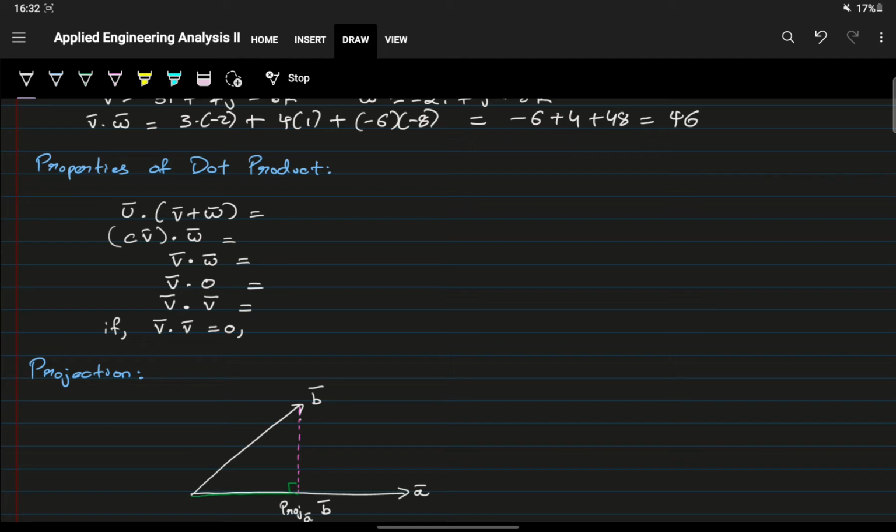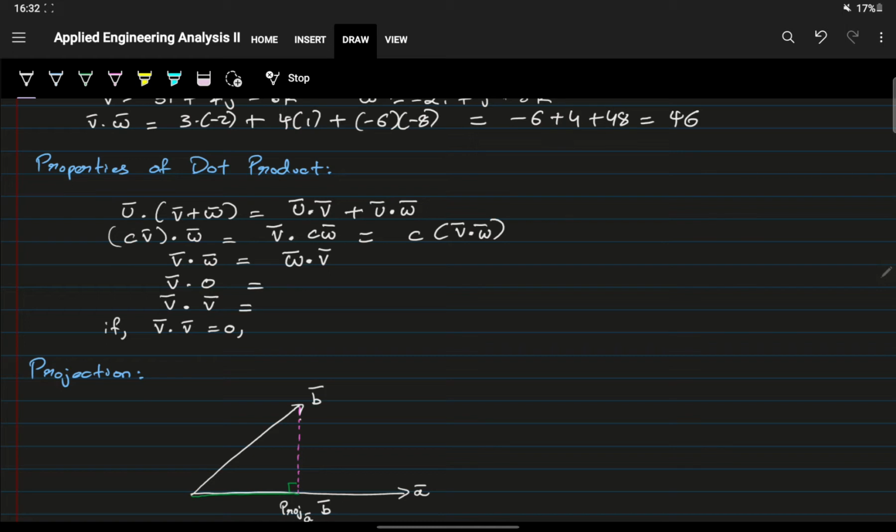Let us see some properties of the dot product. U dot (V plus W) is U dot V plus U dot W. (cV) dot (cW) is also equal to c times something, and the order is interchangeable.